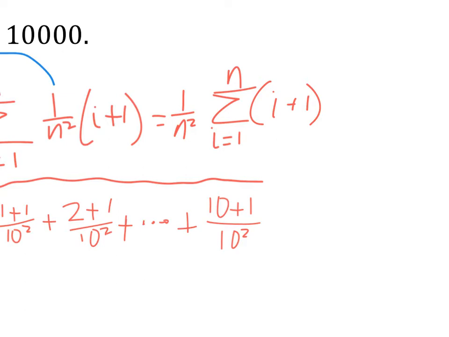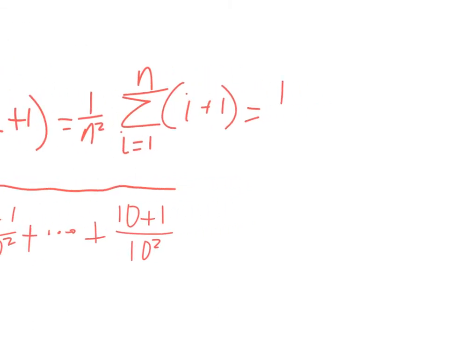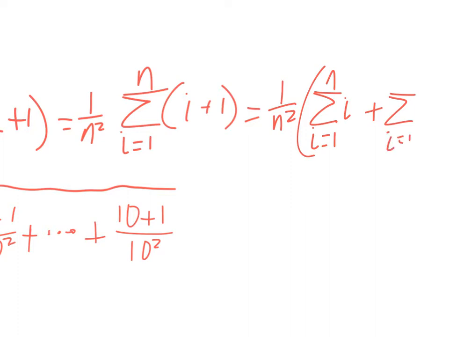Now we can break this up into two summations. This guy's just going to hang out outside. So we've got the 1 over n squared times the summation of i from 1 to n, plus the summation of 1.